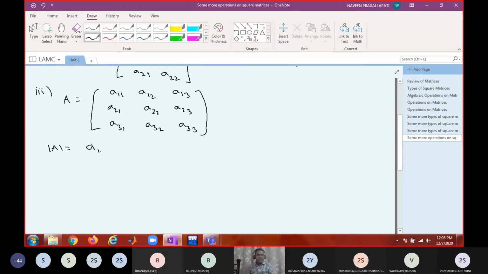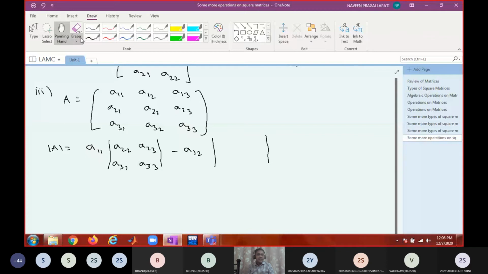So this is nothing but A11 times the determinant obtained by deleting the first row and first column. The resultant submatrix, you find the determinant: A22, A23, A31, A33. After that, you write minus A12, and the determinant of the submatrix obtained by deleting the second column and first row.